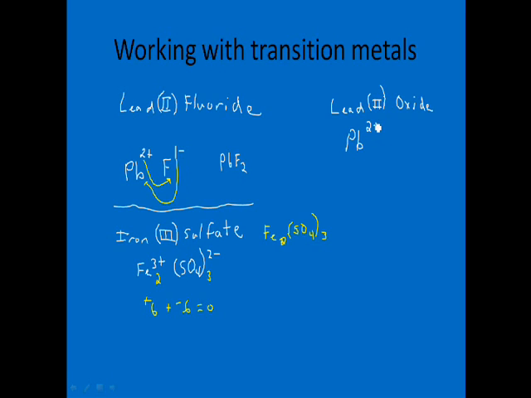Oxide is a monatomic anion. When I crisscross these, it would come out to Pb2O2. By definition, if an ionic compound is able to be reduced, we can reduce it.